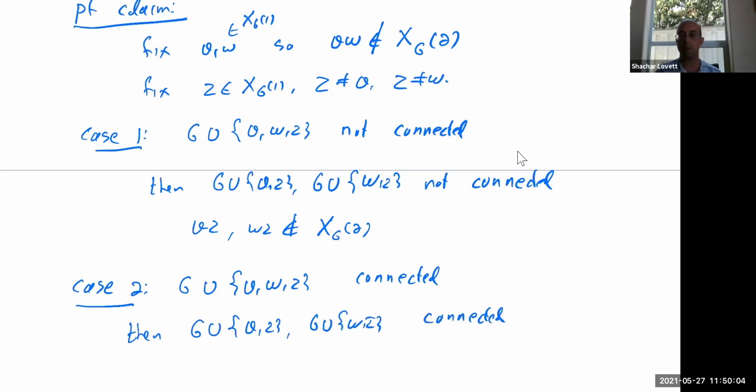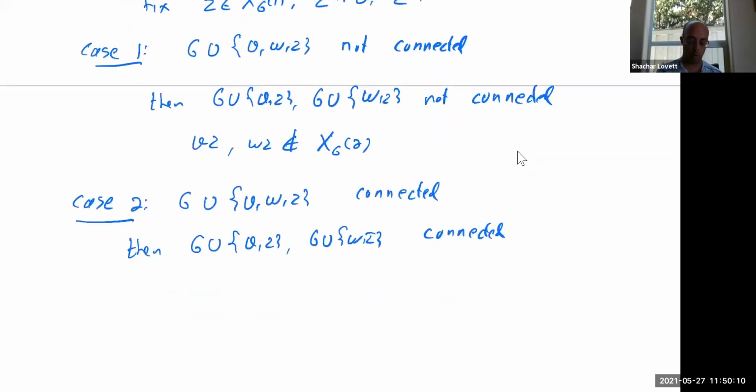Why? Let's take sigma union VZ, for example. What do we know? We know that sigma union V and sigma union Z don't have cycles.